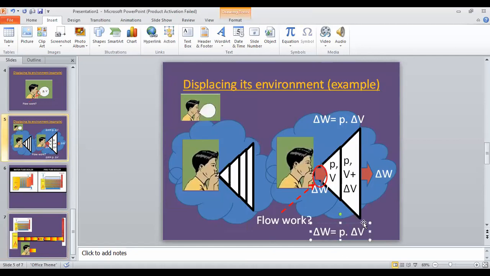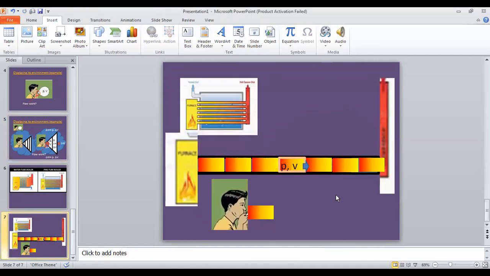I will put P delta V. I will change this to PV.